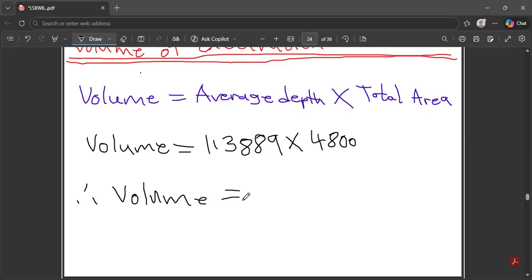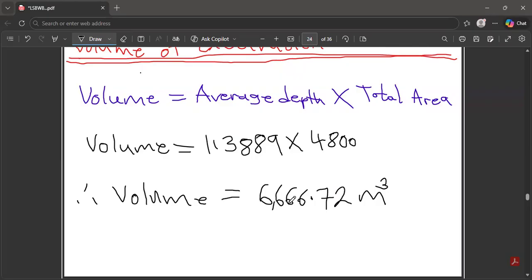Okay, so let's all write that down. And I'm getting this value 6,666.70 meter cube. Okay. So that is the volume I'm getting. And so the volume of material to be removed is approximately this.